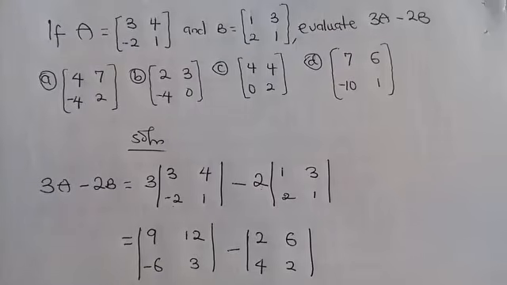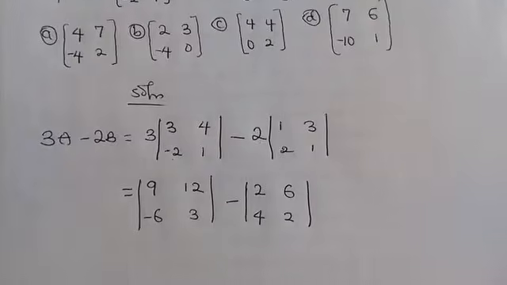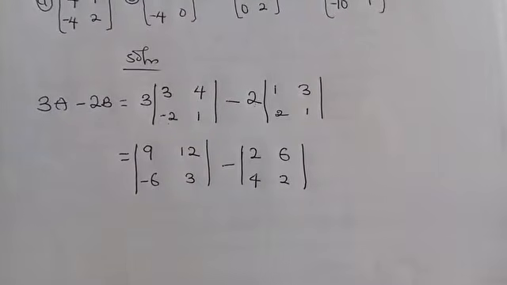And subtraction is possible if the matrices are of the same size and shape, of which this is a 2 by 2 matrix, and we can subtract one from the other. And subtracting one from the other, we subtract the corresponding entries in each of these matrices.